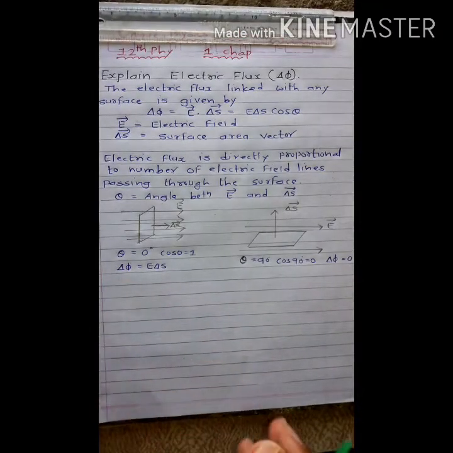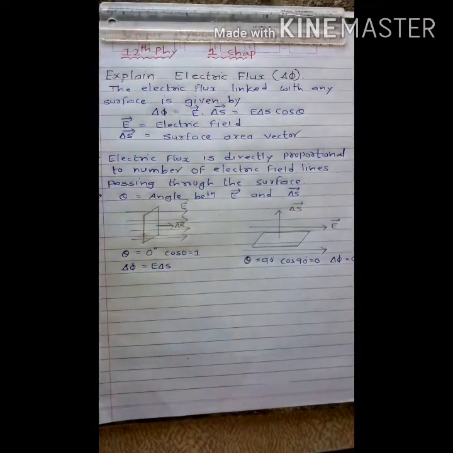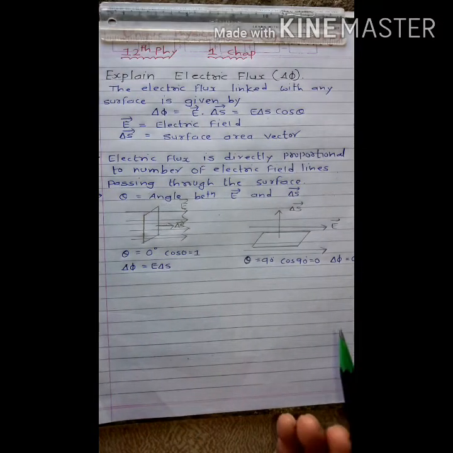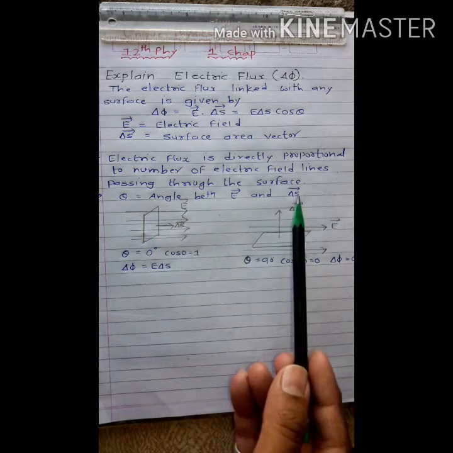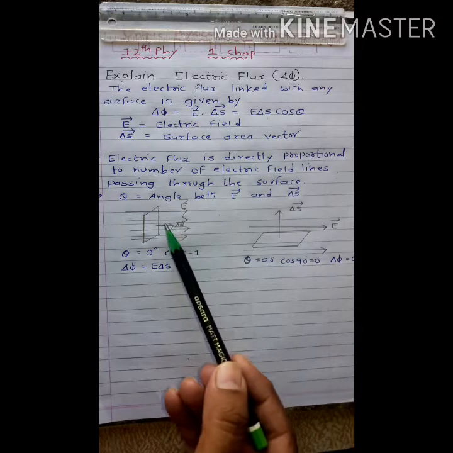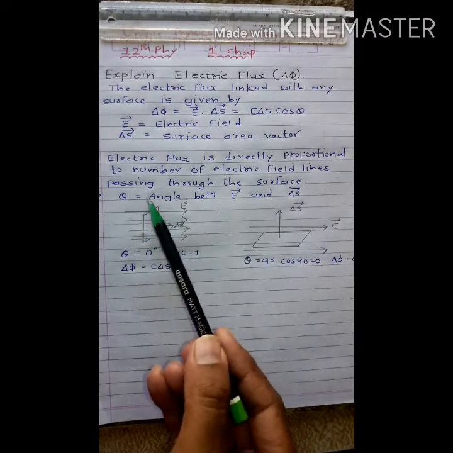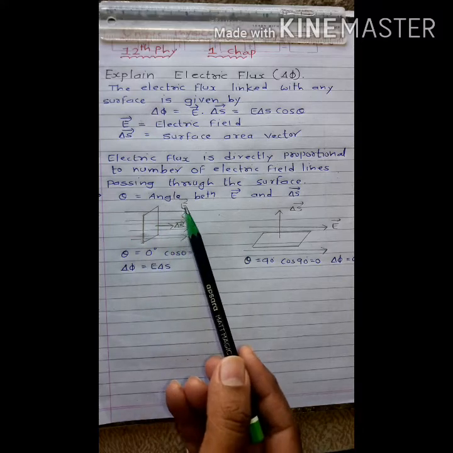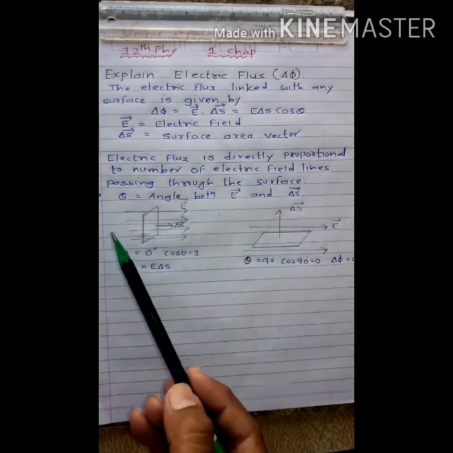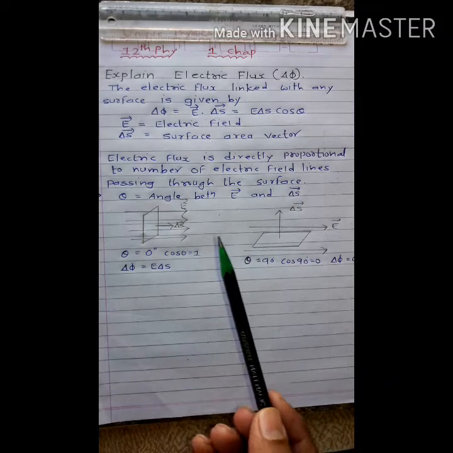Now here we will consider two different situations for electric flux. Theta is known as the angle between vector E and vector delta S. Suppose this is a given surface, and these vectors represent electric field vectors. So the electric field is prevailing in the plus x direction.